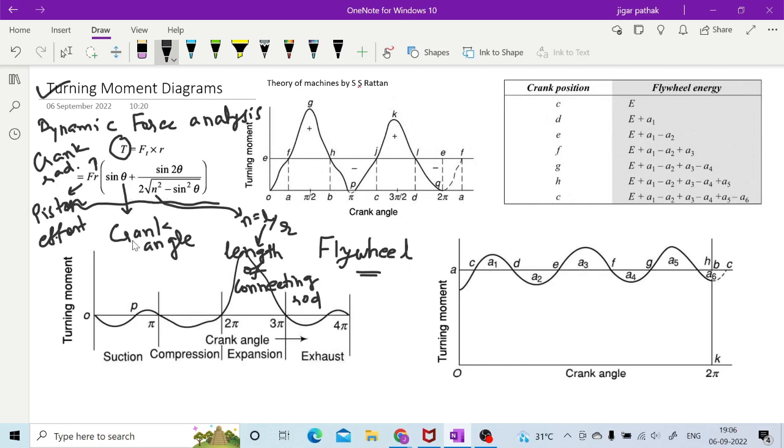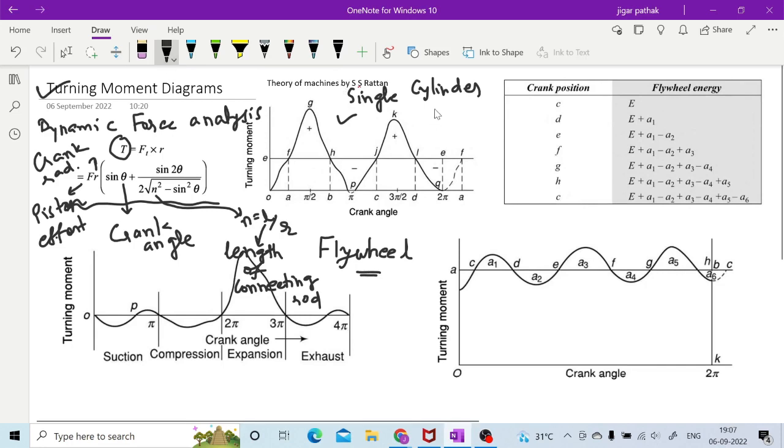So this is how you are having this relation between your turning moment and this crank angle, right? So now if we see these different diagrams one by one, what are these mentioned different diagrams? So this particular diagram is of a single cylinder double acting engine, right? Single cylinder double acting, or you can say 2-stroke, right?